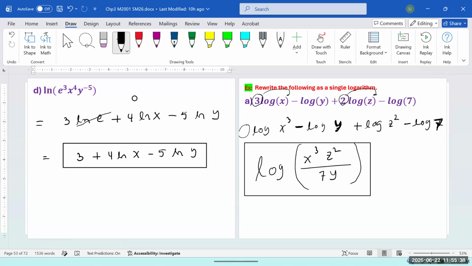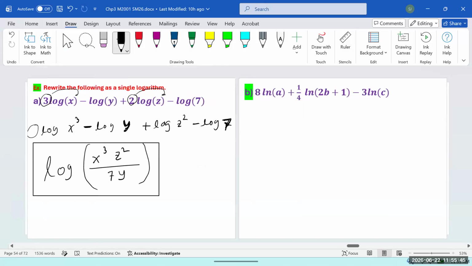Yeah, but it cannot have a negative power. You always have to have everything positive. Okay, for the next one. Why is it denominator? Or the previous one?